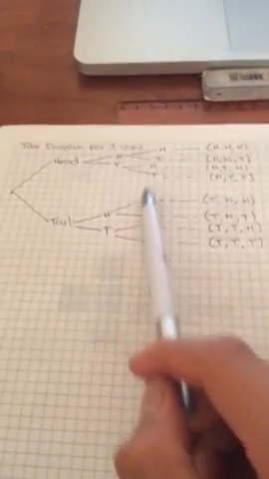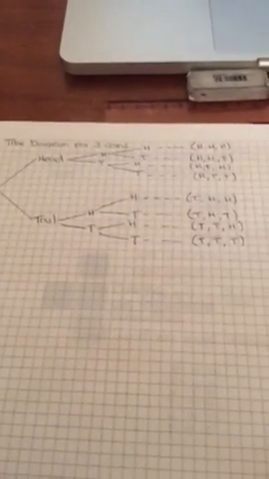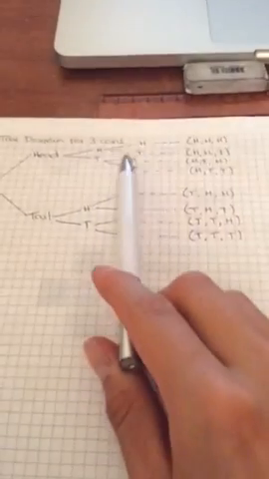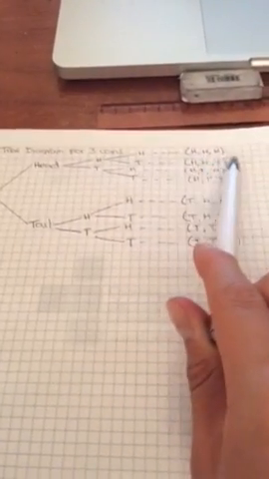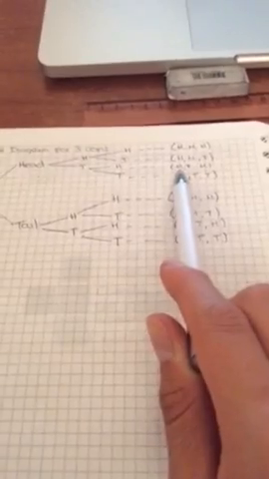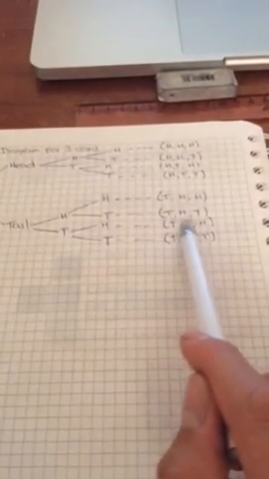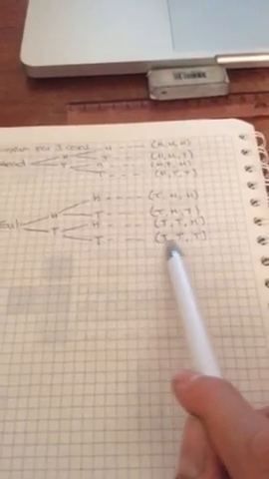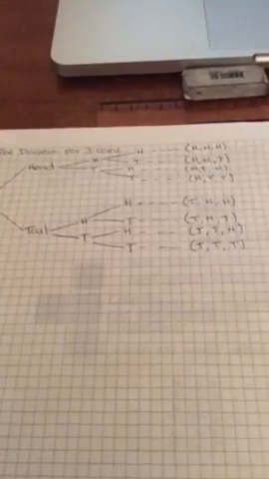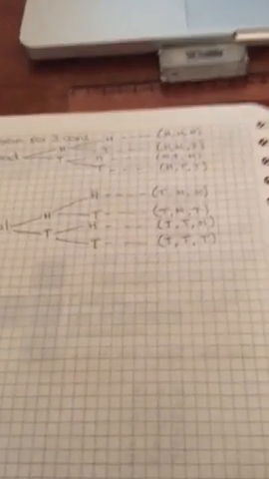Again, we repeat the cycle until we reach all the possible answers. Having here head head head, head head tail, head tail head, head tail tail, tail head head, tail head tail, tail tail head, tail tail tail. Being all the possible outcomes that we will reach by flipping all the 3 coins.